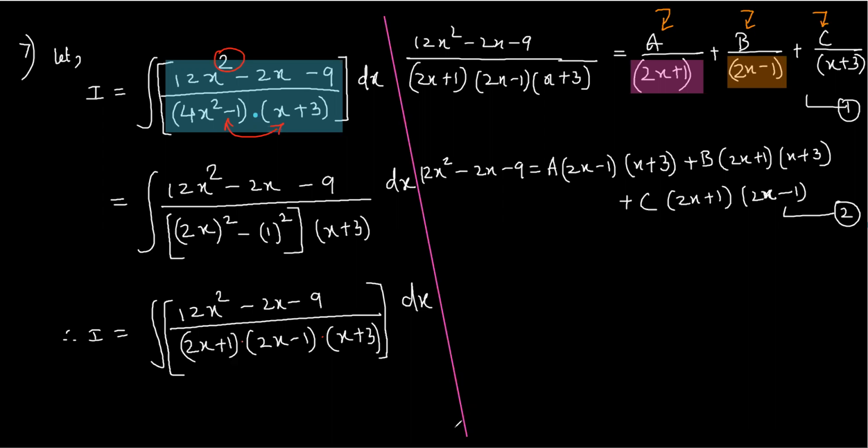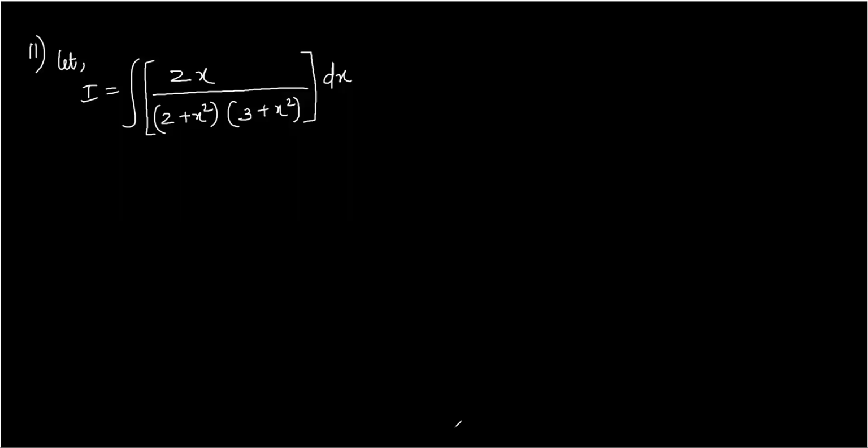We will now take another question. Let's take this problem. Here I have integral 2x divided by (2 plus x square) into (3 plus x square). Now here what I notice is I have got two factors in the denominator.